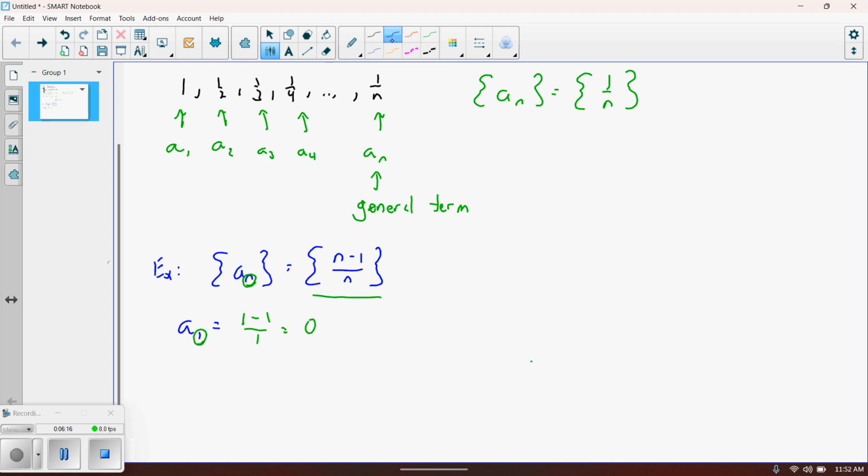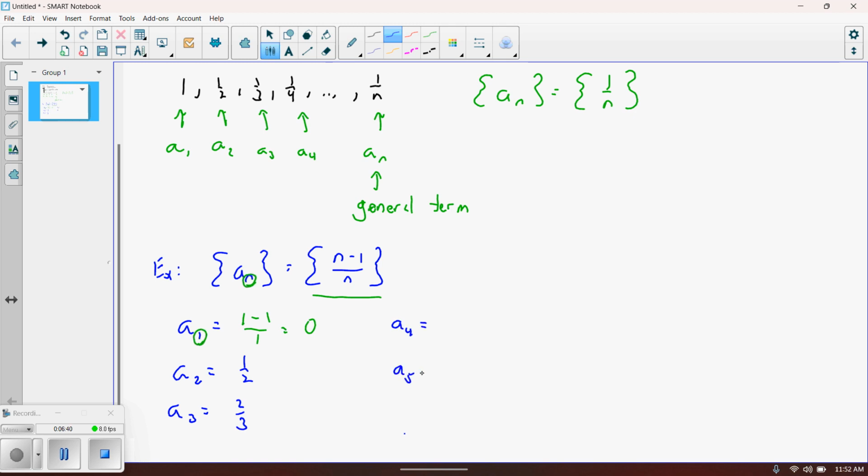Then we'll go with a sub 2. Substituting a 2 in for n, you would get 2 minus 1 on top, which is 1 over 2, or 1/2. A sub 3. Plugging in a 3, you're going to get 3 minus 1, which is 2, over 3, so we get 2/3.